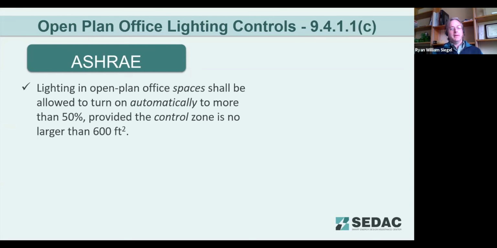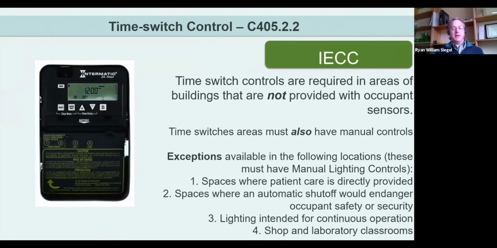So when we get into time switch controls under IECC, IECC is one area where they say you need time switch controls. One place is wherever you don't have occupant sensors.